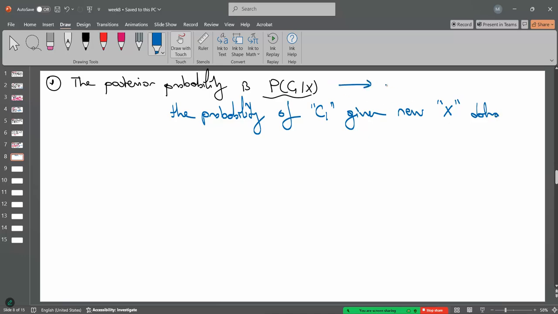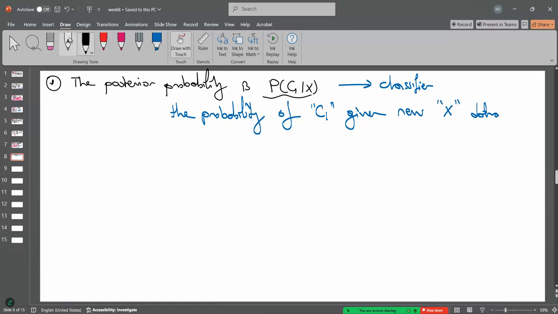And so this must be called the classifier, right? We can test any new x data for a given C1. And so if this probability is high, we can say that this x should be C1, should be tall or short in here.